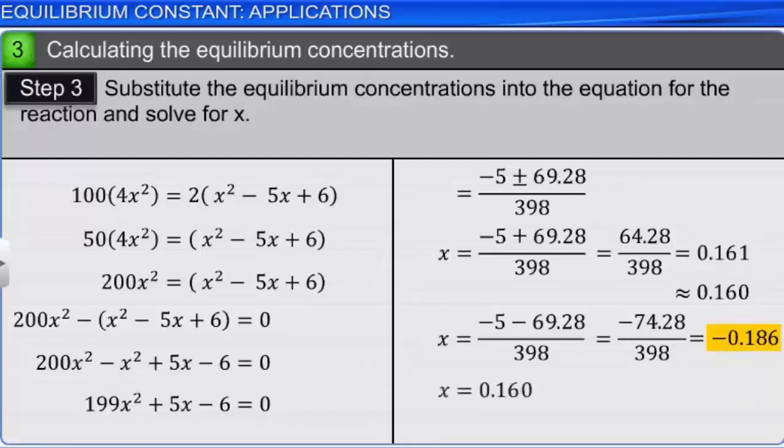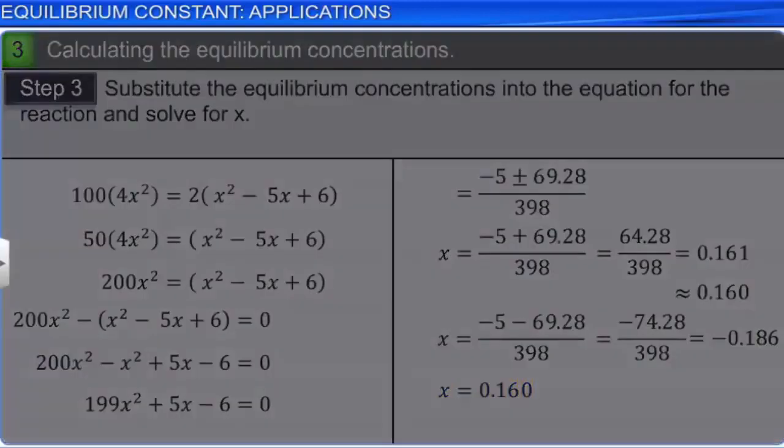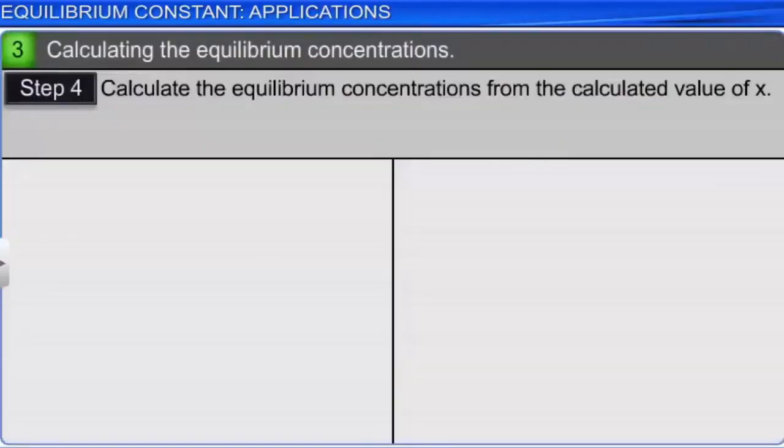The fourth step is to calculate the equilibrium concentrations from the value of x. The initial number of moles of hydrogen is 2. Hence, at equilibrium, the concentration of hydrogen will be 2 minus 0.160. This is equal to 1.84 moles per liter.